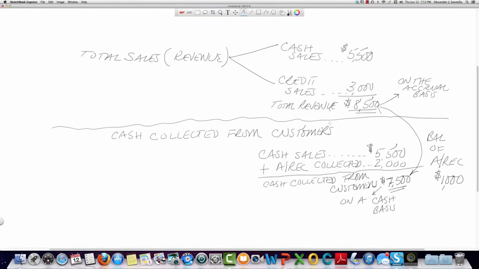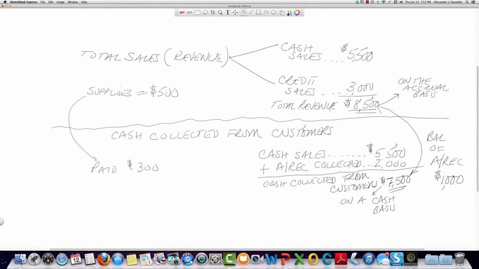So going back to the whiteboard, again, we have to differentiate between the cash and the accrual basis. Other examples that I had is that you have supplies of $500, but you only paid $300.